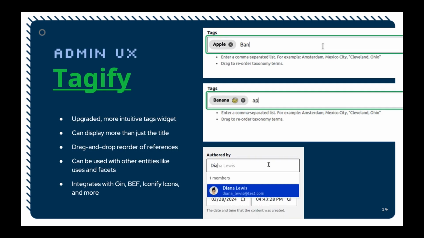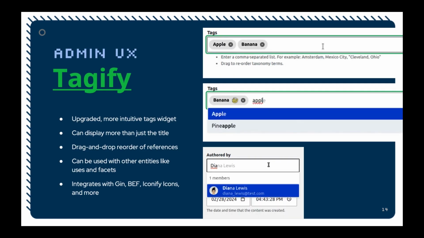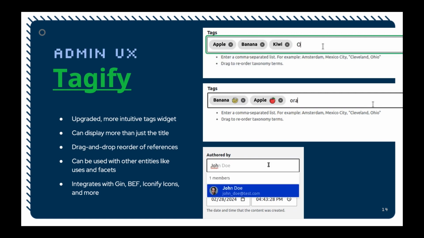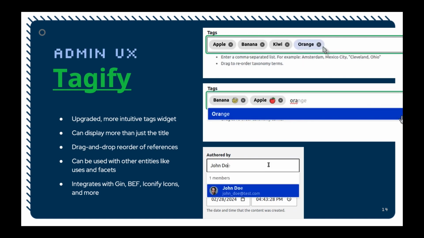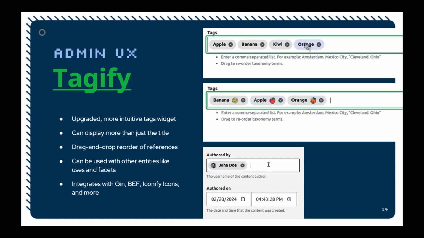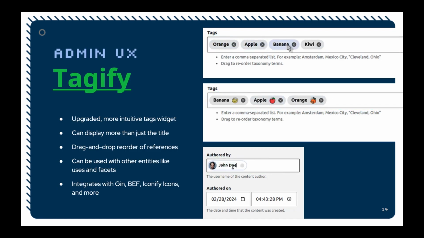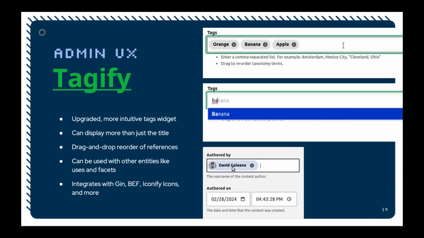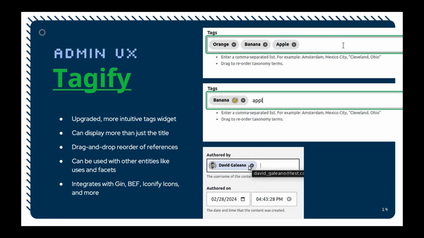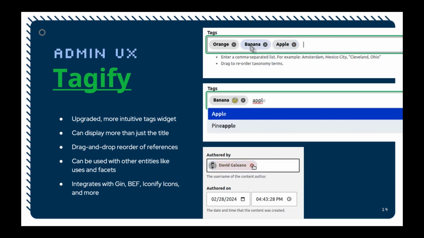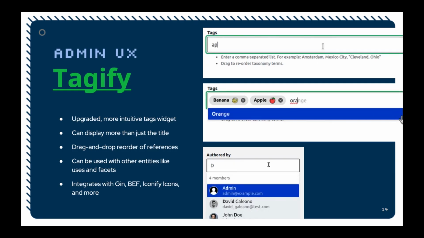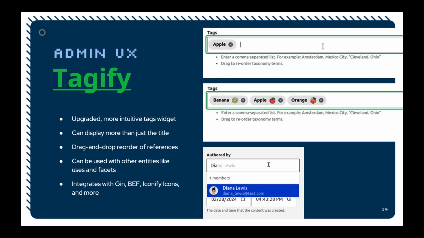All right, Tagify is a module that does something that I think is fairly specific, but it does a really nice job of it. You can see in the animated GIFs on here that it basically takes the tags field that's already in Drupal, but makes it a lot more interactive. So for starters, it can hide the entity IDs, which is oftentimes an improvement. Sometimes non-technical users get confused as to why there are numbers after all of the tags that they're creating.